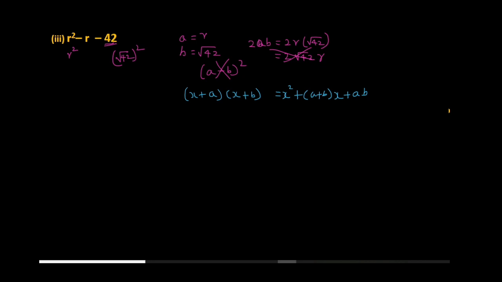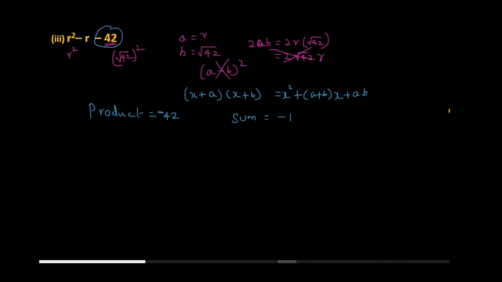So look at the last term, the product term. Our product should be minus 42, and the sum should be minus 1. The r coefficient is minus 1, so the sum is minus 1. Let's see the factors of minus 42.